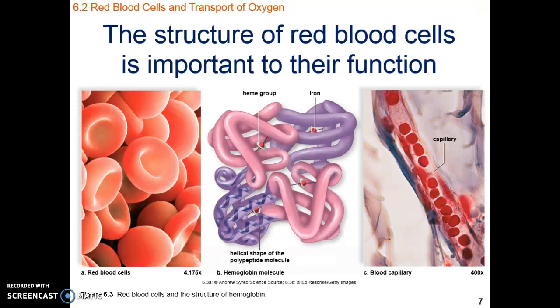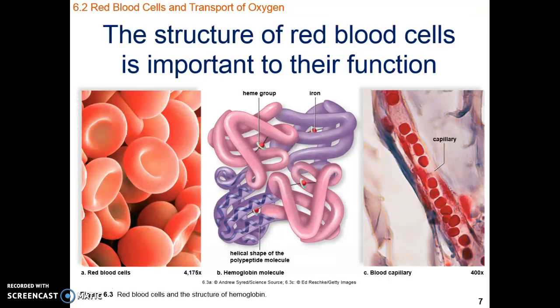And that also represents the ability of one hemoglobin molecule to carry 4 oxygen molecules. Now, in one red blood cell, you have as many as 280 million hemoglobin molecules. Each hemoglobin molecule can carry 4 oxygen. So each red blood cell can carry over 1,000 million, or a billion, molecules of oxygen.